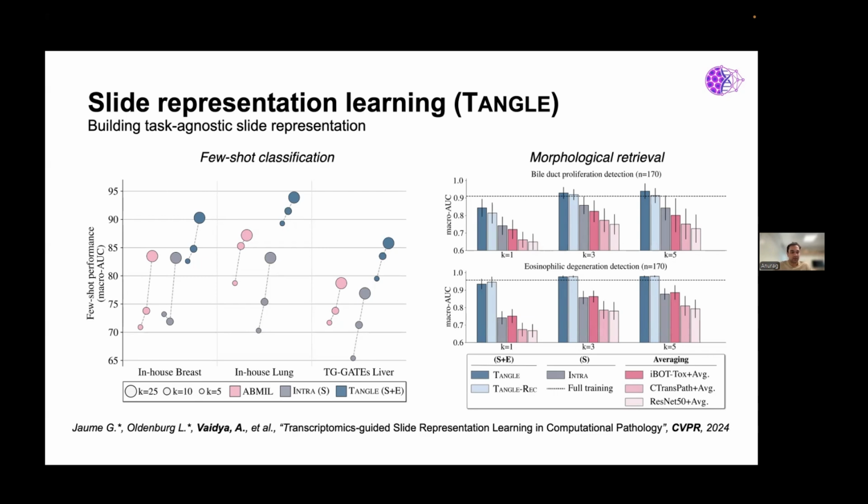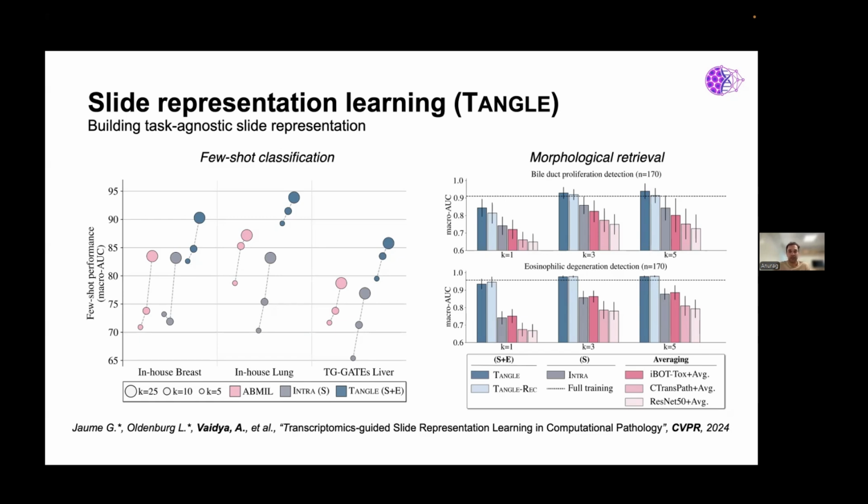The size of the circles represents the training samples that were used. And we're comparing an ABMIL, which is a full end-to-end supervised approach, with an intra approach, in which rather than comparing your whole slide image representation with the genetic representation, you're comparing it with another whole slide image representation.